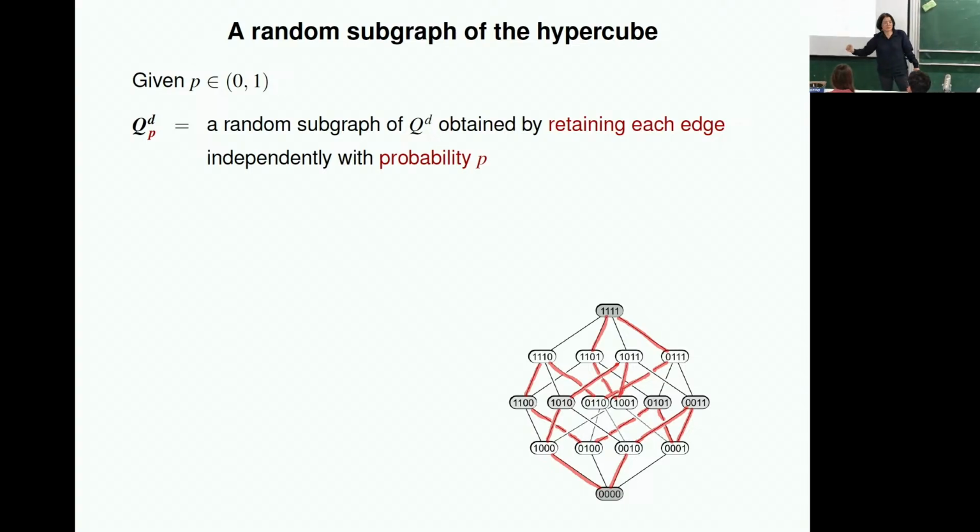As a result, the diameter might potentially become larger because we make it sparse.